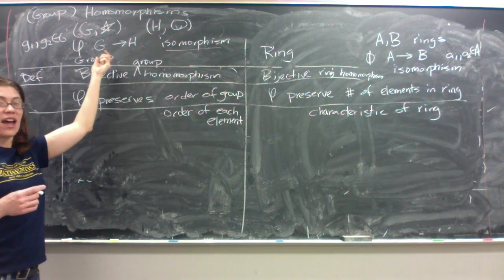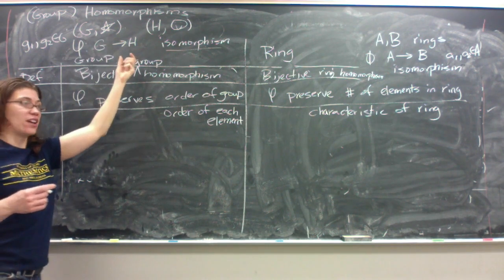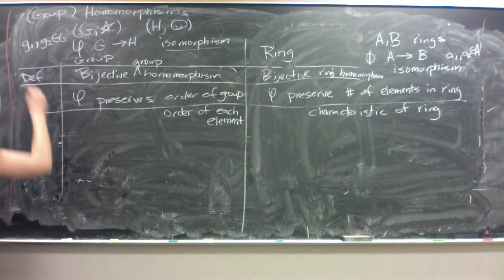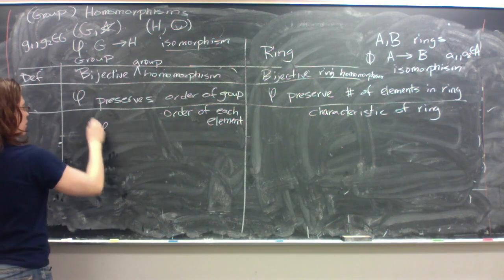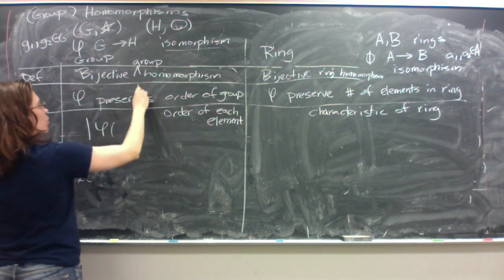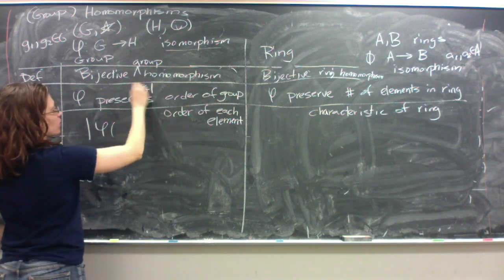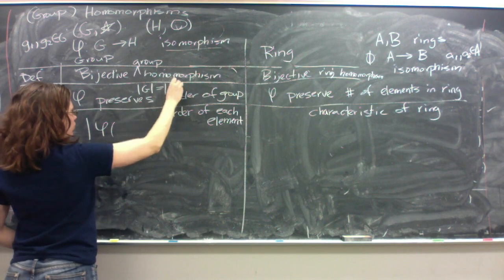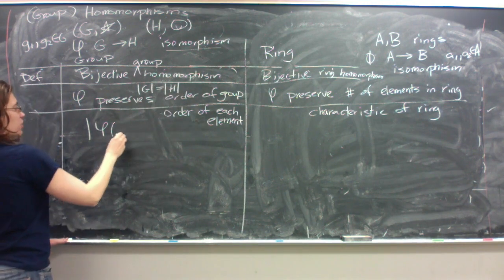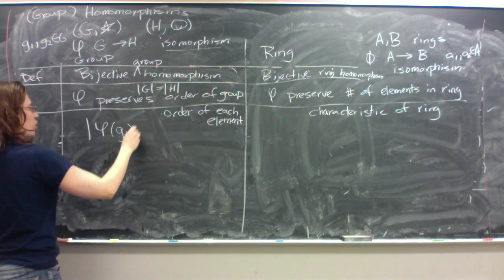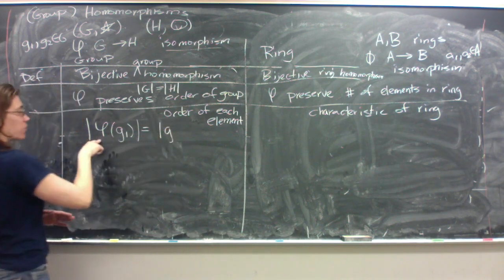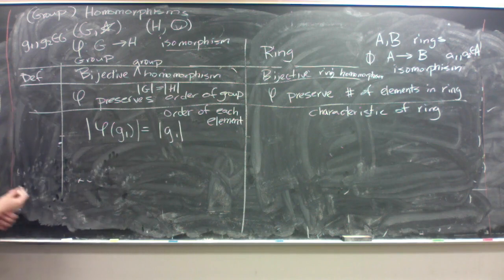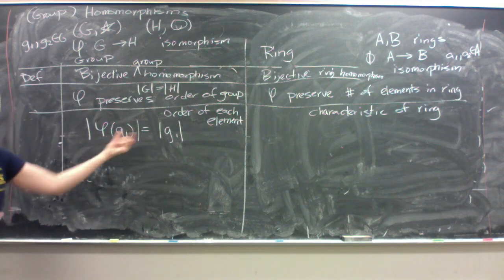So the order of a group means the order of G equals the order of H. The order of an element means the order of g1 equals the order of phi of g1. This is what preserving order means.